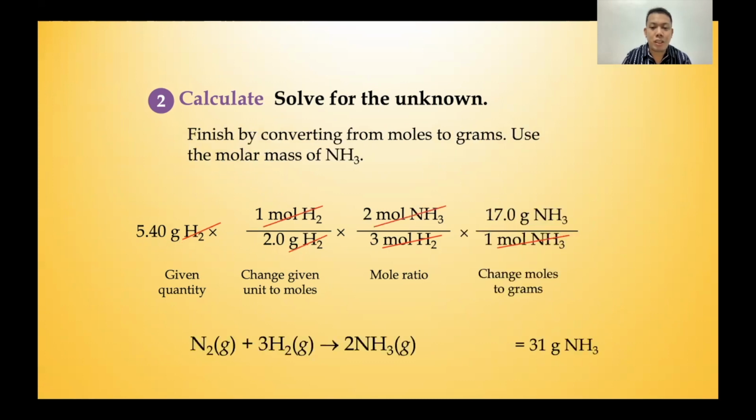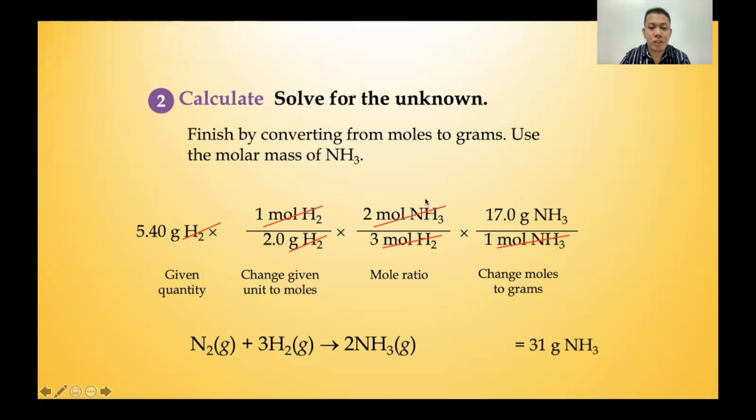And then you have here 17 grams of ammonia for every 1 mole of ammonia, so that is gram per mole. This is 2 to 3, and the 17.0 is the molar mass of ammonia. It would be the formula mass, formula weight. They are both the same.